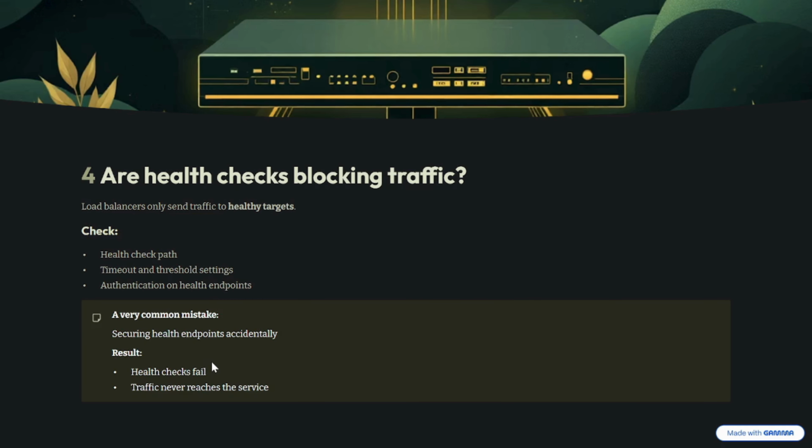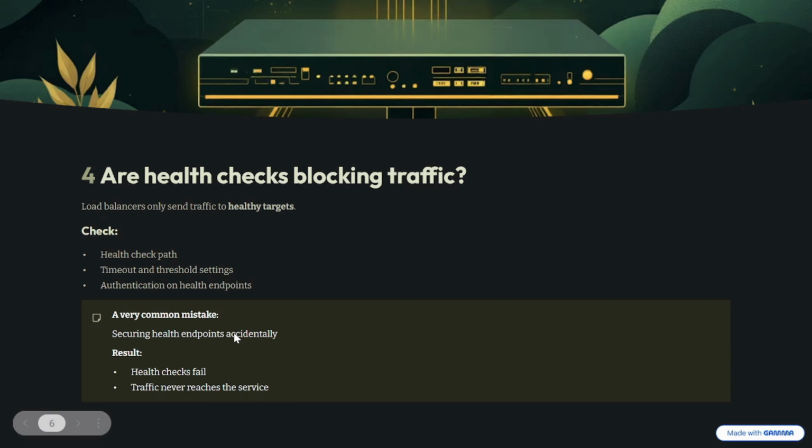Next, you have to check whether the health check is blocking the traffic. The load balancer sends traffic only to healthy instances, and if health checks are wrong, traffic is silently blocked. So check: is the health check path correct, does the health endpoint require authentication, is the timeout reasonable, and is it hitting the correct port?